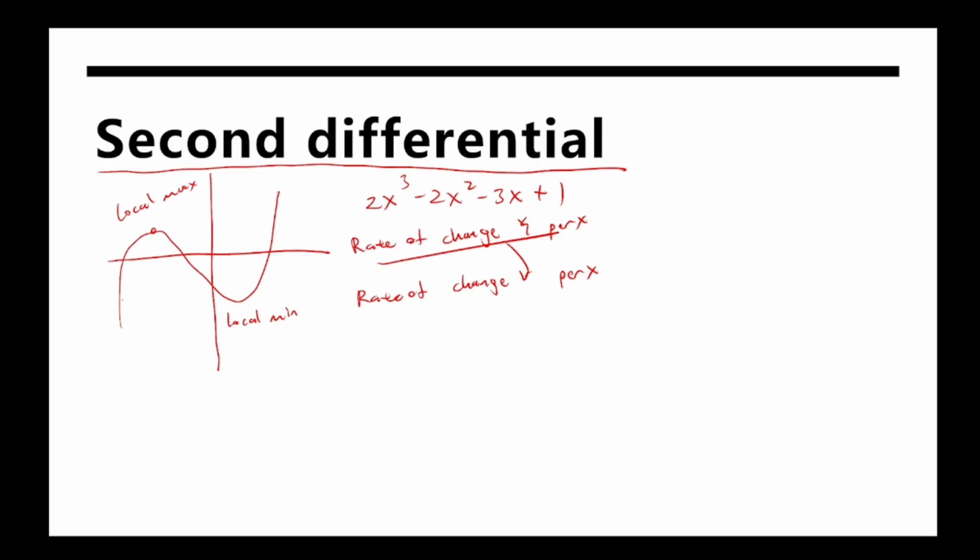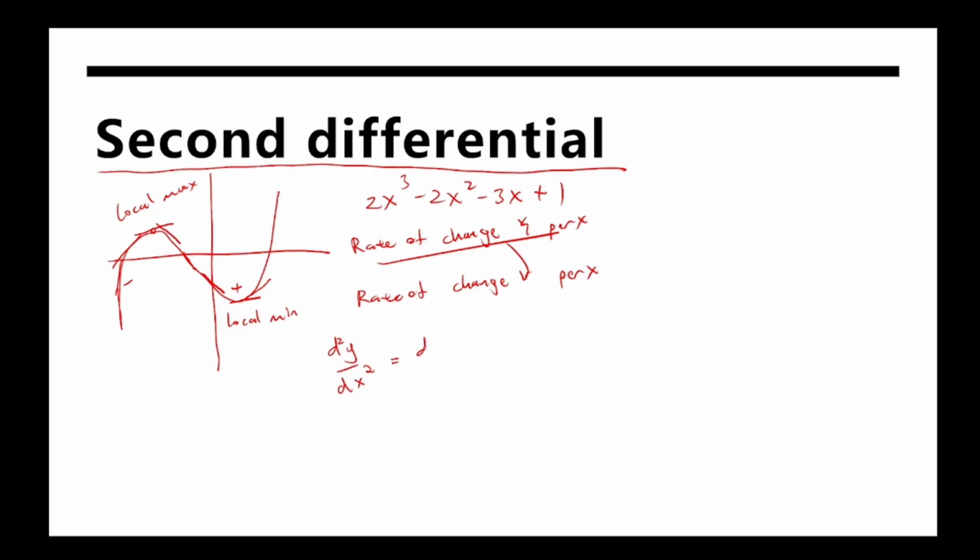And we notice that the gradient here is positive, positive but decreasing, positive but decreasing, 0, negative, negative but increasing, negative but increasing, 0, positive. So the rate of change of gradient here is negative, it's decreasing, and the rate of change of gradient here is positive, it's increasing. So we can write it as d squared y over dx squared.